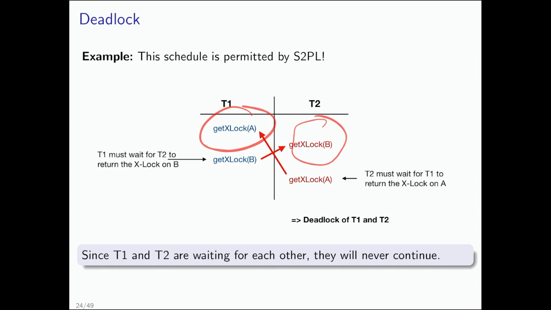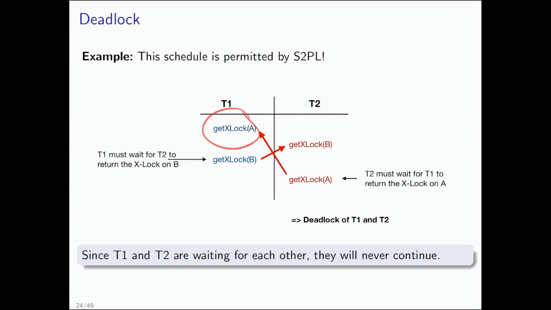They get those respective exclusive locks. Then transaction 1 wants to write to data object B as well. It has to wait at this point in time because the lock is not available. T2 is allowed to continue. It now wants to write on data object A. It has to wait because the lock was already given out to transaction 1.